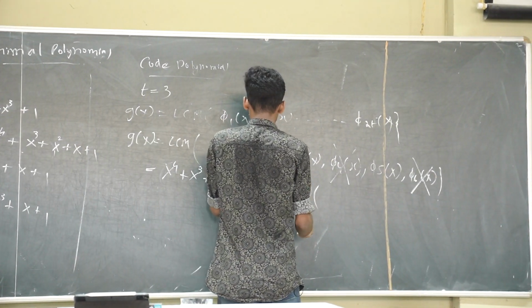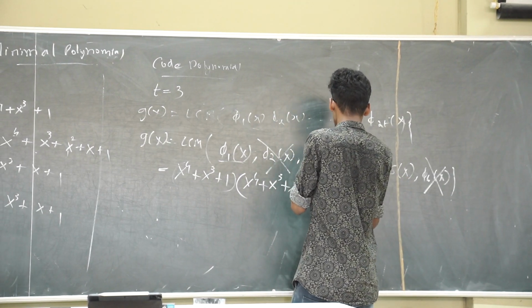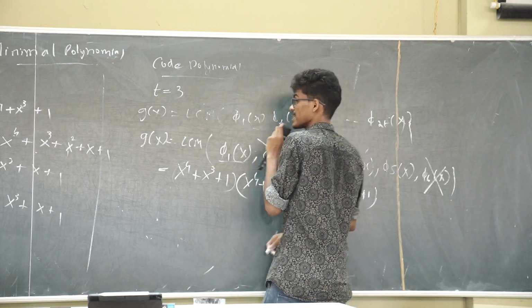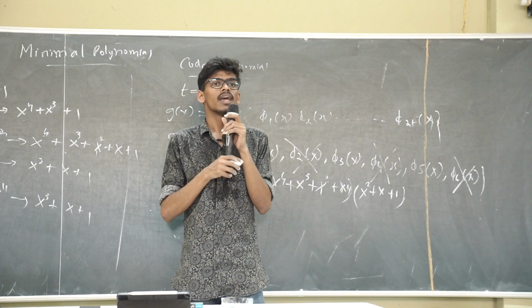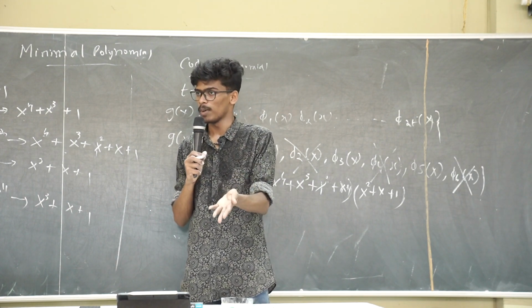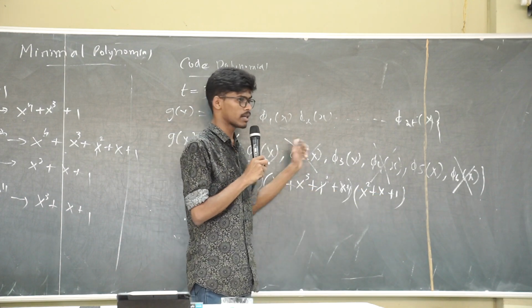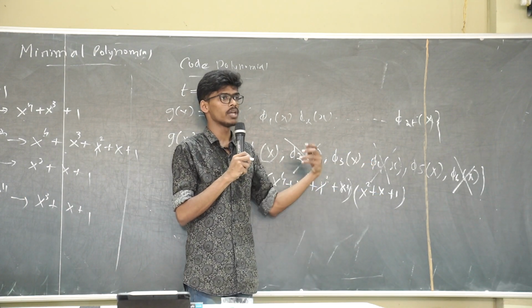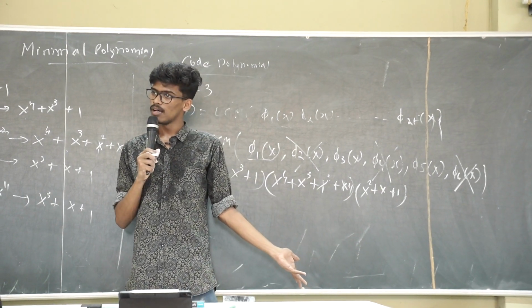Then next phi 5 of x, x square plus x plus 1. Any doubt is there? Is it easy? Just check how much t is there. That much will be taken. Then we will check alternate terms. We will take only the odd ones. Then just multiply. We will get g of x. That's it.